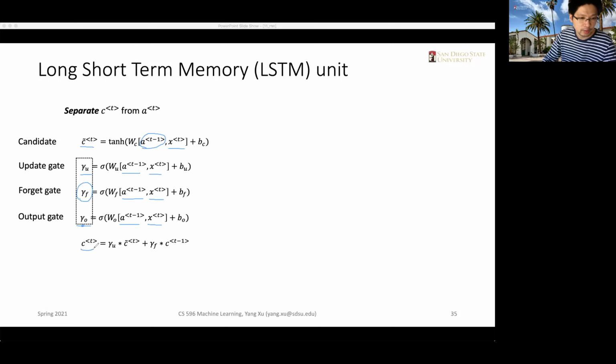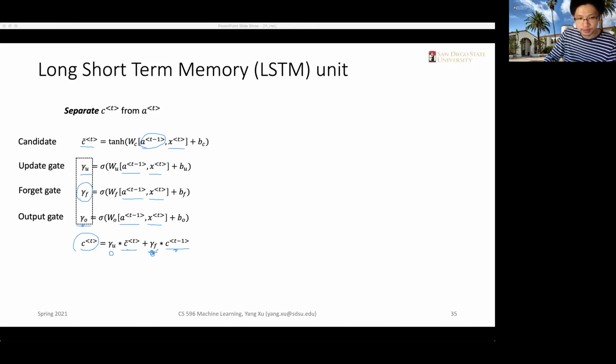Okay, so the new value for the memory cell will be the weighted summation of the candidates and the previous memory cell. But this time, the coefficient here is not 1 minus gamma U as GRU used, but this time we used the forget gates, right? You see, the update gate is multiplied with the candidates, and the forget gate is used to multiply with the previous memory cell, right?